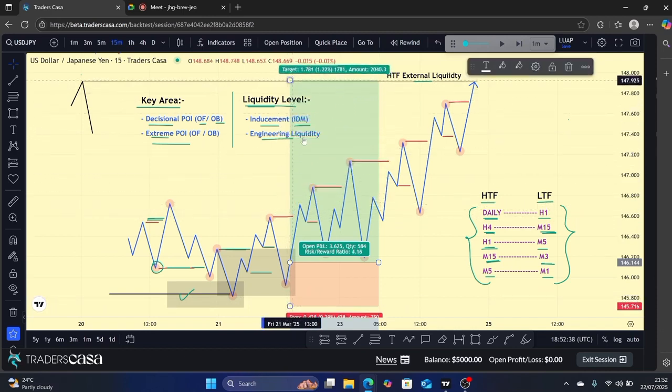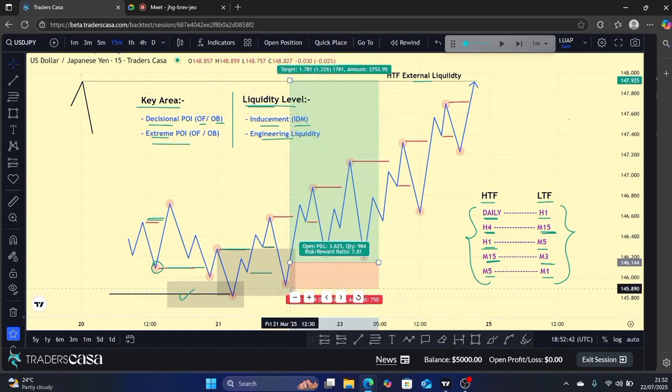I know placing your SL below here will give you a good risk to reward, but like we showcased before, price can just fail that reversal pattern and decide to go down, create another one, so that it can make the ultimate reversal. It can fail like 2 to 3 reversal patterns before you get the one that will make the ultimate reversal. It's just that you don't know. So why would you risk doing that?